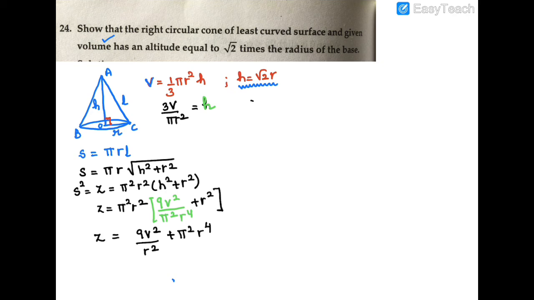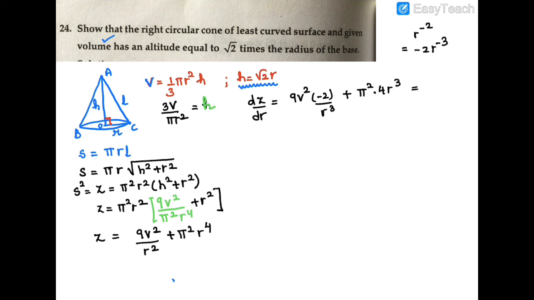So we get dz by dr is equal to 9v square, which is a constant, and the derivative of r to the power minus 2 is minus 2r to the power minus 3. So I'm writing here minus 2 and r cube, plus pi square, and this will give you 4r cube.